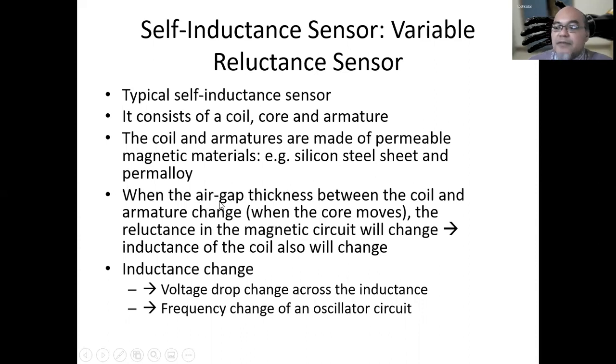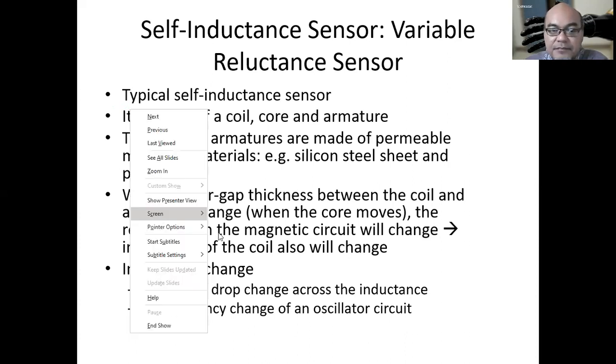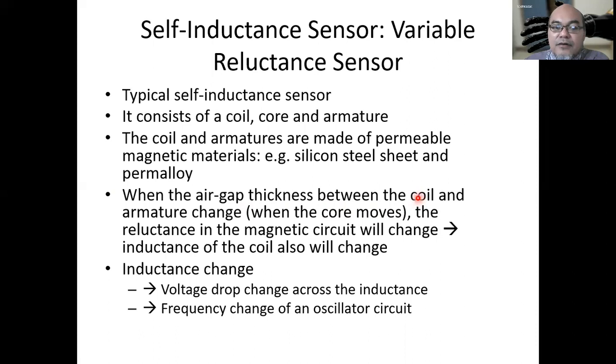So when the air gap thickness between the coil and the armature changes, that is when the magnetic core material in the middle moves, the air gap thickness between the coil and the armature will change.